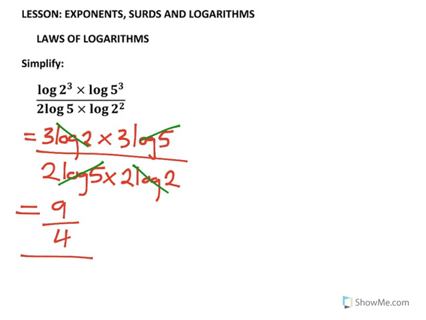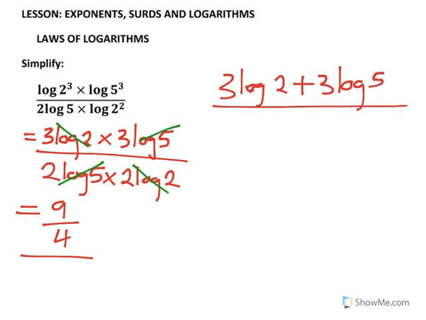Now I want you to be careful. Suppose you're given a problem like this: 3 log 2 plus 3 log 5 over 2 log 5 plus 2 log 2. What I just did is, where there was a times, I just put a plus.